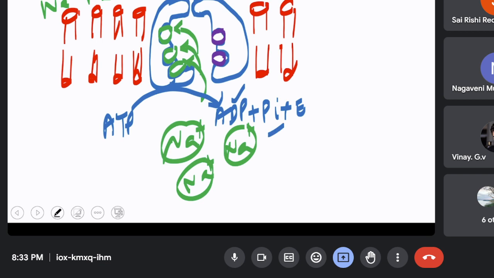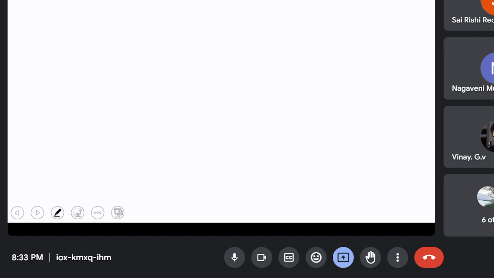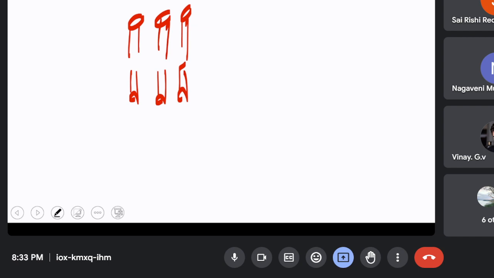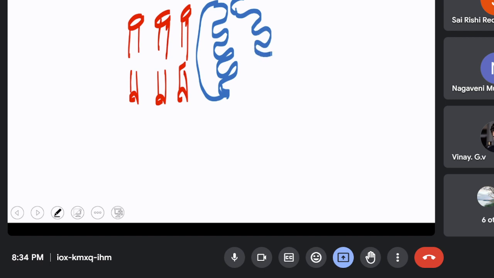And now this protein, which is bound to three sodium ions and has two binding sites for potassium ions, is opening on the other side. Now it has a binding site for phosphate also.